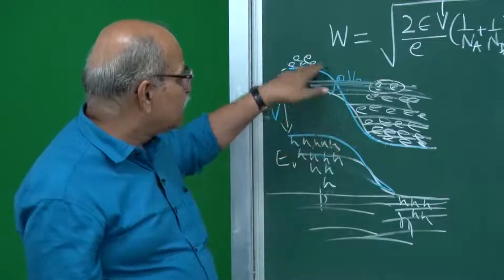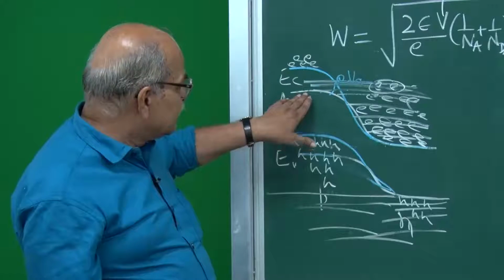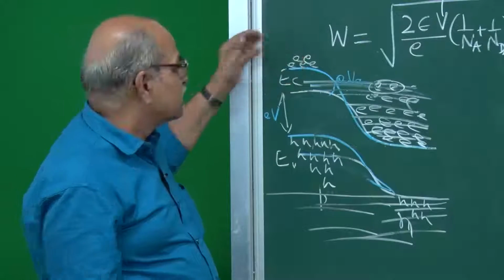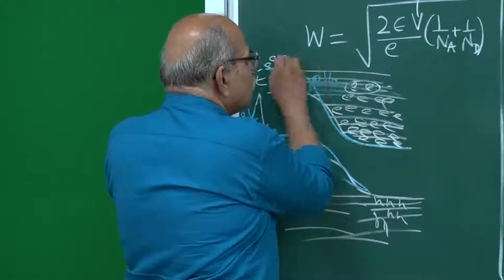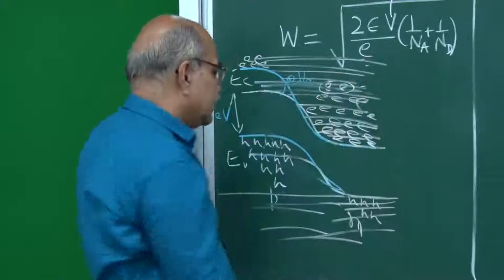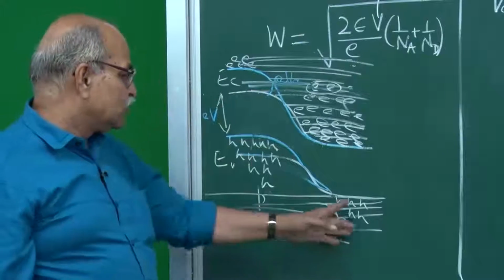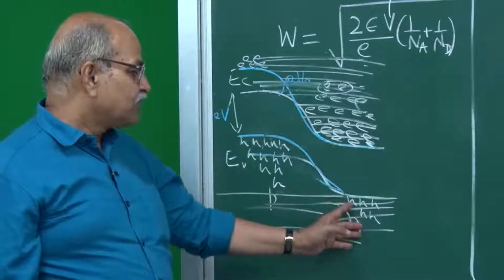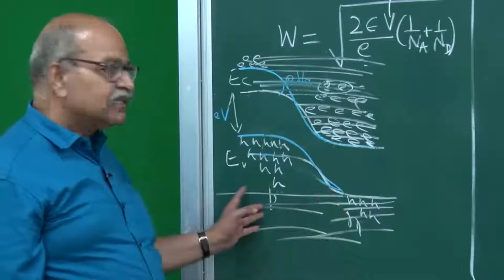Even in reverse bias, even if this EC has gone up here, no problem for these electrons, they can always go to this n side. And similarly, for these holes, even if this EV has gone up, no problem for these holes, they will just go.